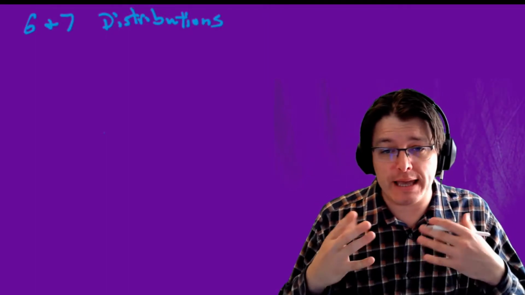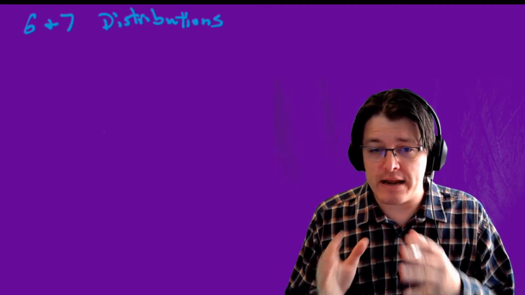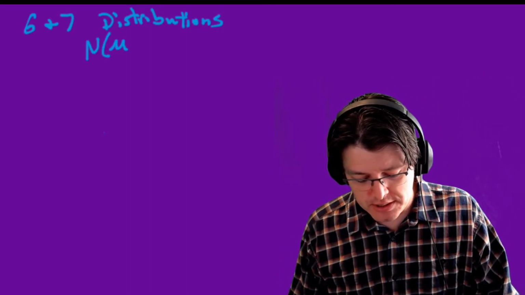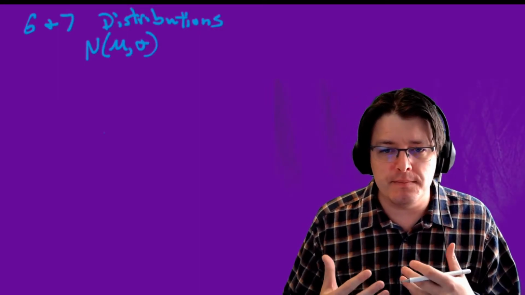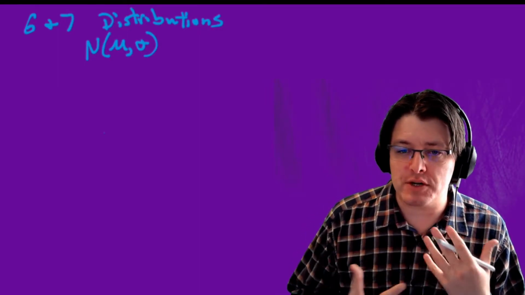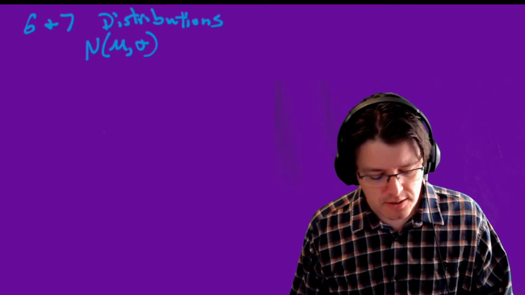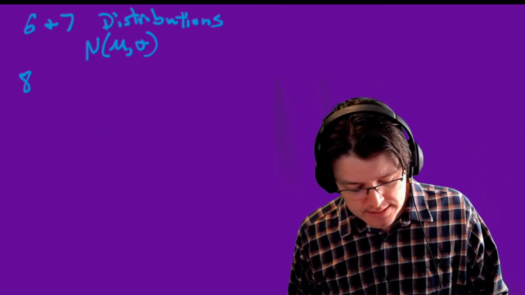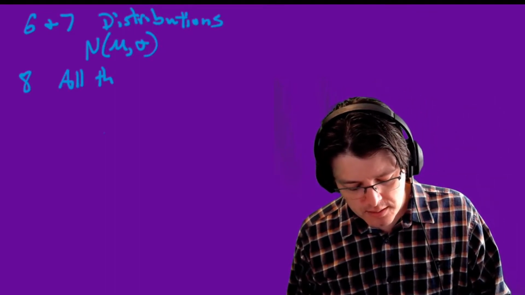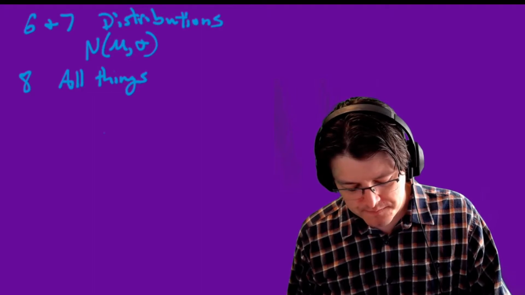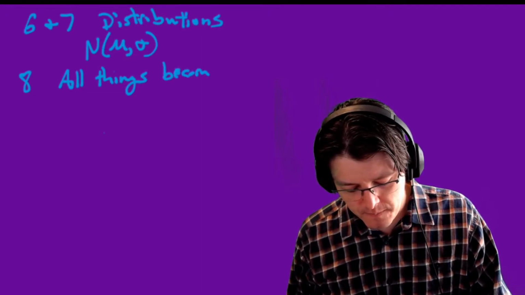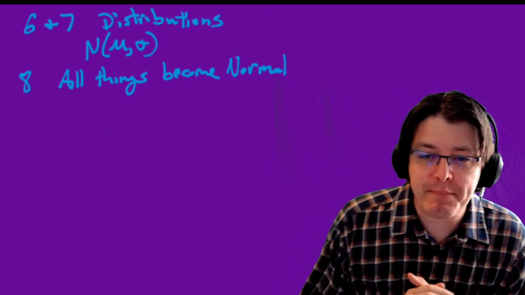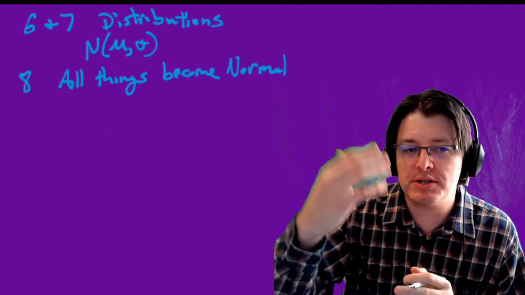That's the first time we came up with the Z-score, the standard normal distribution, or normal distributions in general. So we have these normals, and they're in some sense easier for us to handle. We have some methods to deal with it, and of course the big revelation in chapter 8 is all things become normal. Right, in some sense, or when we sample, we can treat things as normal distributions.